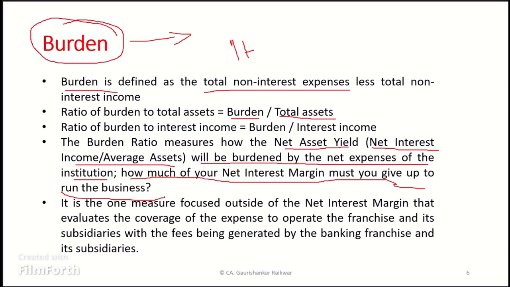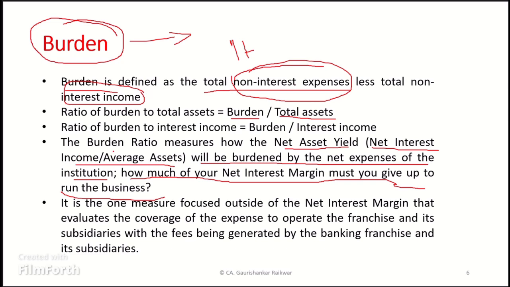The interest income and interest expense are the first two operating sources of income and expenses for the bank. There are other categories of income and expenses also, which we call non-interest income, like commission or discount, and non-interest expenses like salary, wages, administrative expenses, etc.